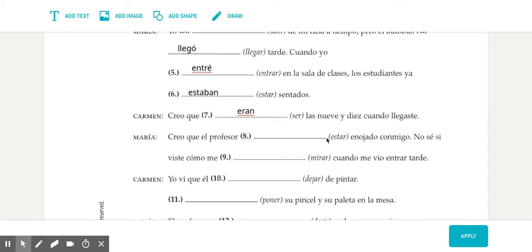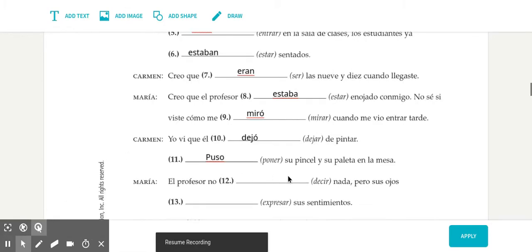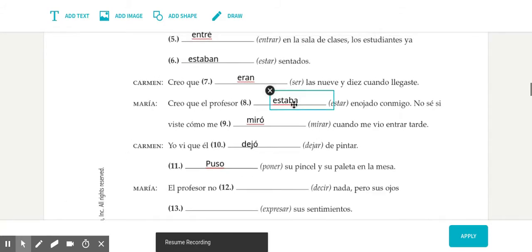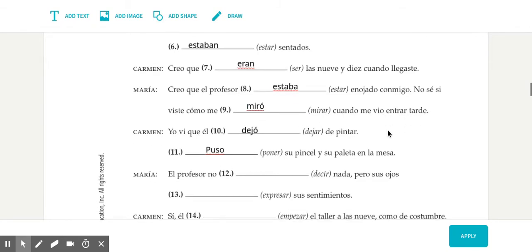Que María dice, creo que el profesor enojado conmigo. I think the professor was mad at me. Okay. Estaba enojado conmigo. No sé si viste cómo me miró cuando me vio entrar tarde. How he looked at me when he saw me.